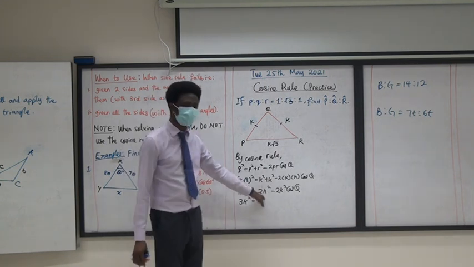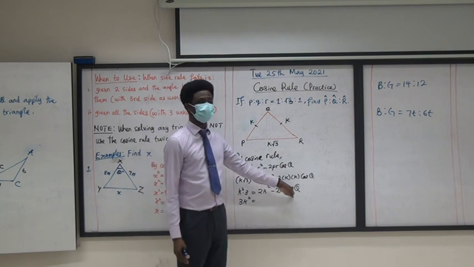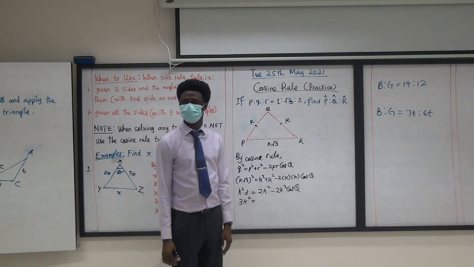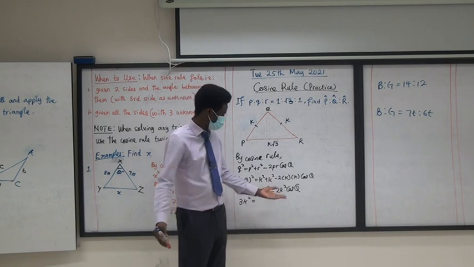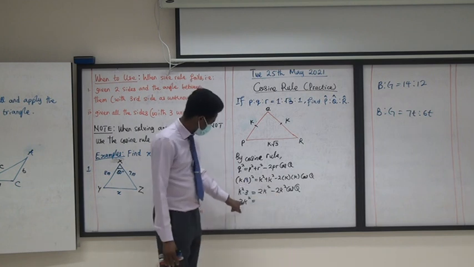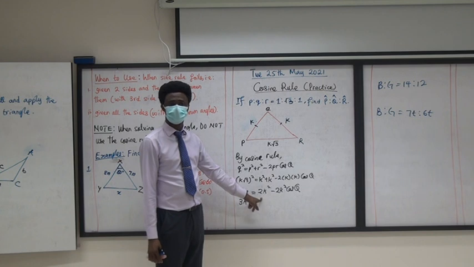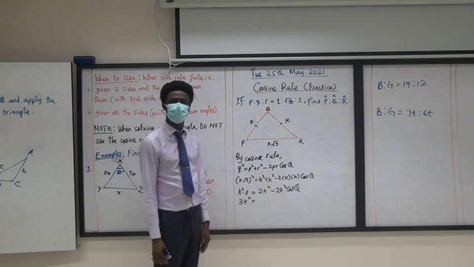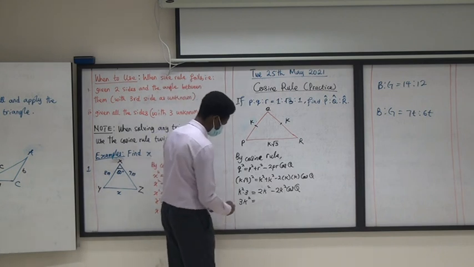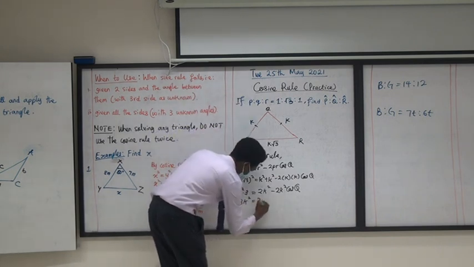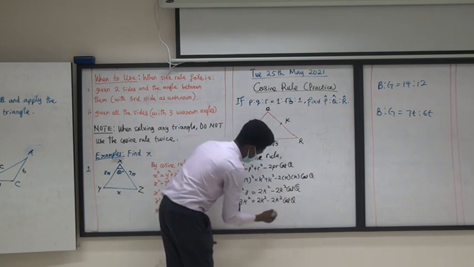Similarly, this is just 2k squared. But this is 2k squared cos cube. They are different. So you cannot combine them. Understand? So you just collect the terms that are the same. This is 3k squared, this is 2k squared. They are like terms. So you bring them together and let this one be. Understand? Or better still, okay, so I write this properly first. 2k squared minus 2k squared cos cube.